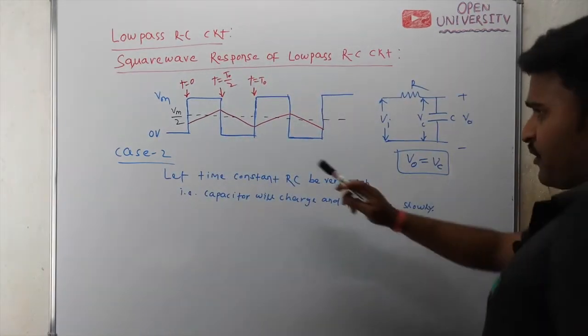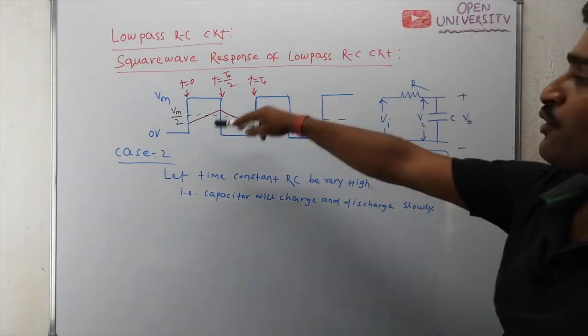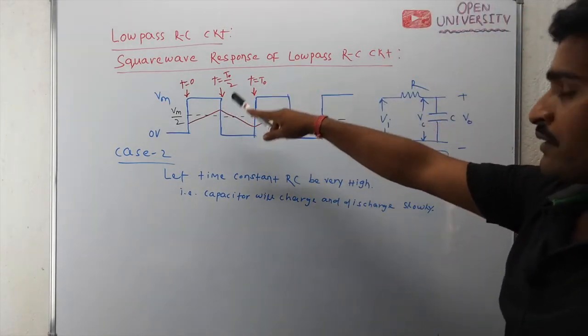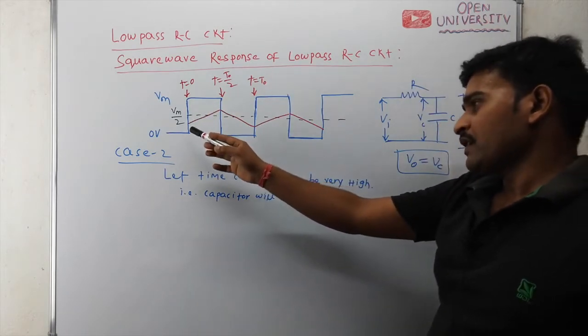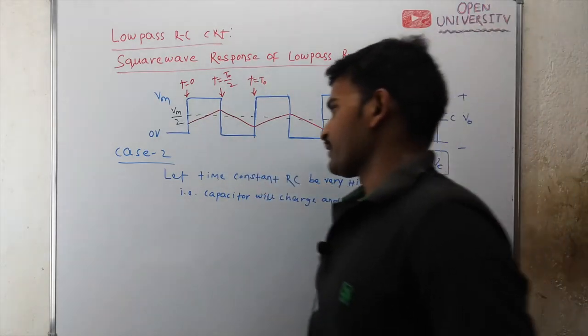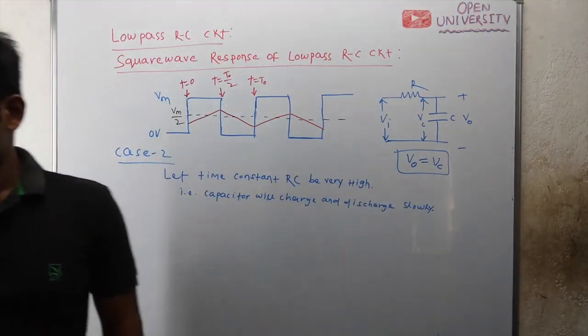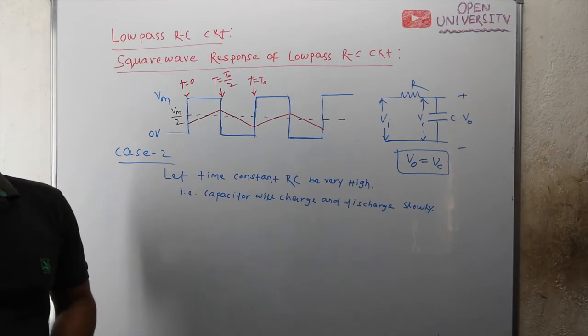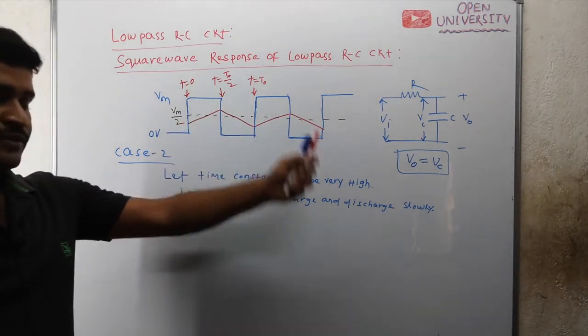Your output waveform is almost like a triangular waveform. And if you calculate the average value of a triangular waveform, you will get Vm by 2. So this is the average value of the input voltage, and also the average value of the output voltage.